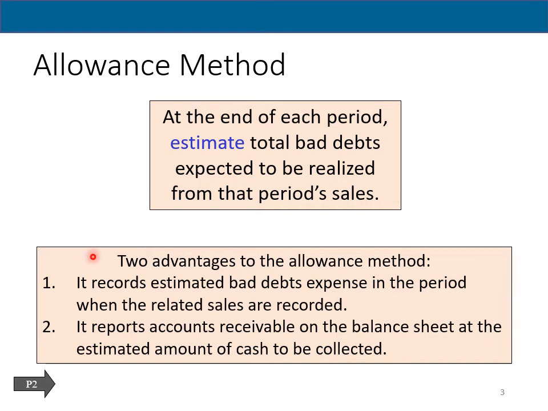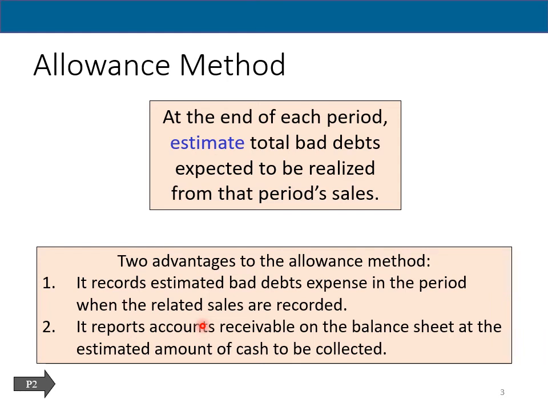So the advantages of using the allowance method: well, it records the expense in the period in which the sales were made, which provides for more accurate income numbers. And it also allows for receivables to be more accurately stated on the balance sheet.